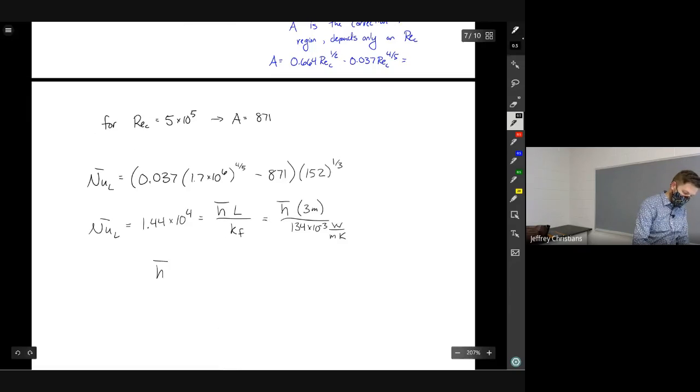And we can then calculate the convection coefficient, which is 6.4 times 10 to the 2.